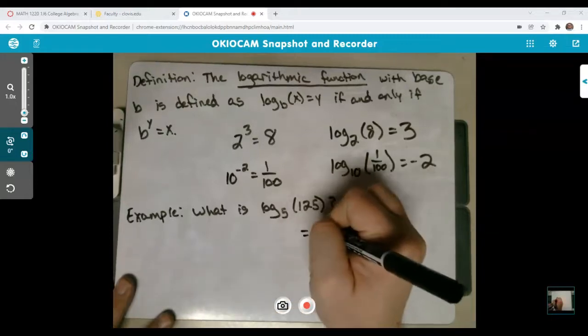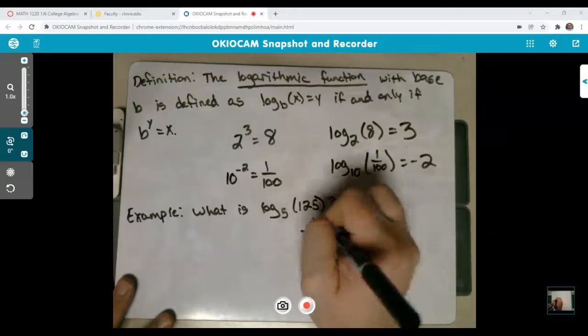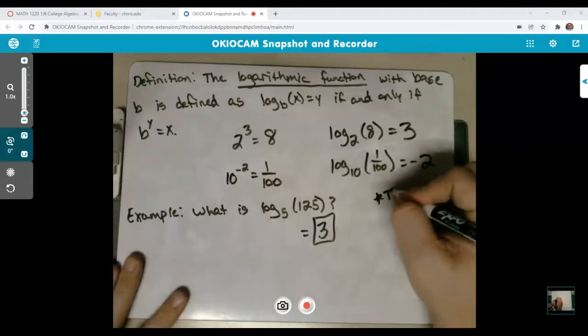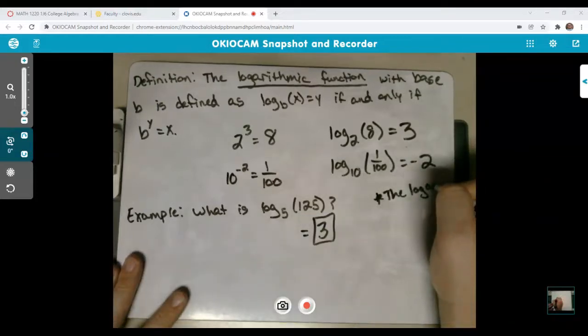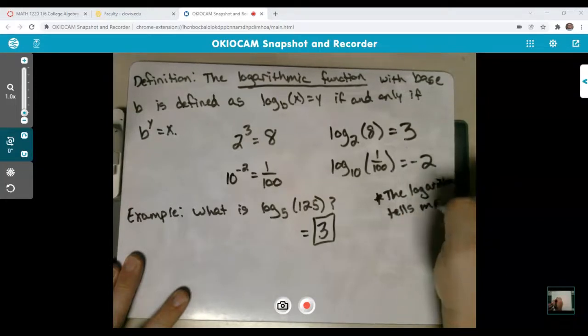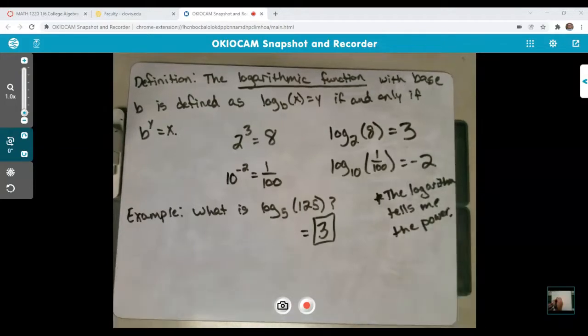So log base 5 of 125 is 3 because my power is equal to 3. Okay. So one more time, the logarithm tells me the power. It's looking for what the power is.